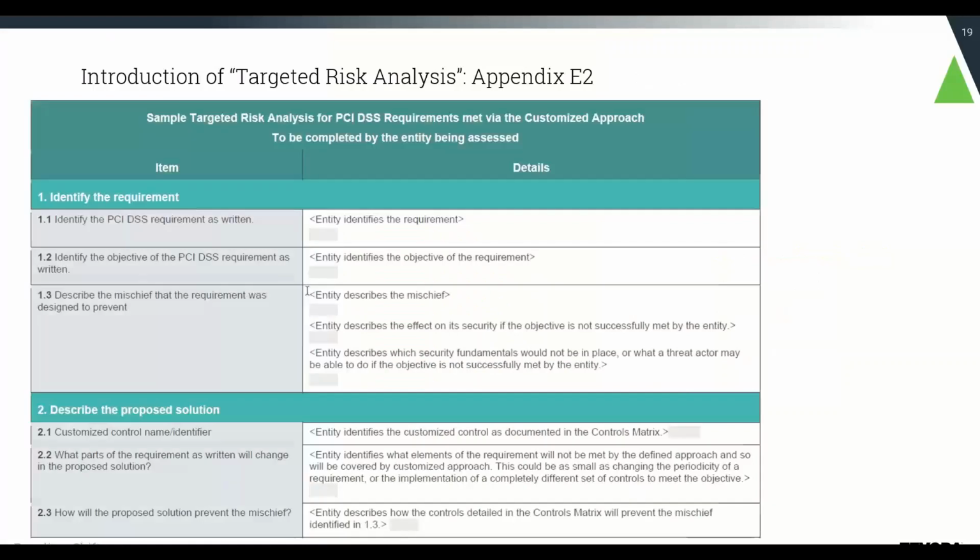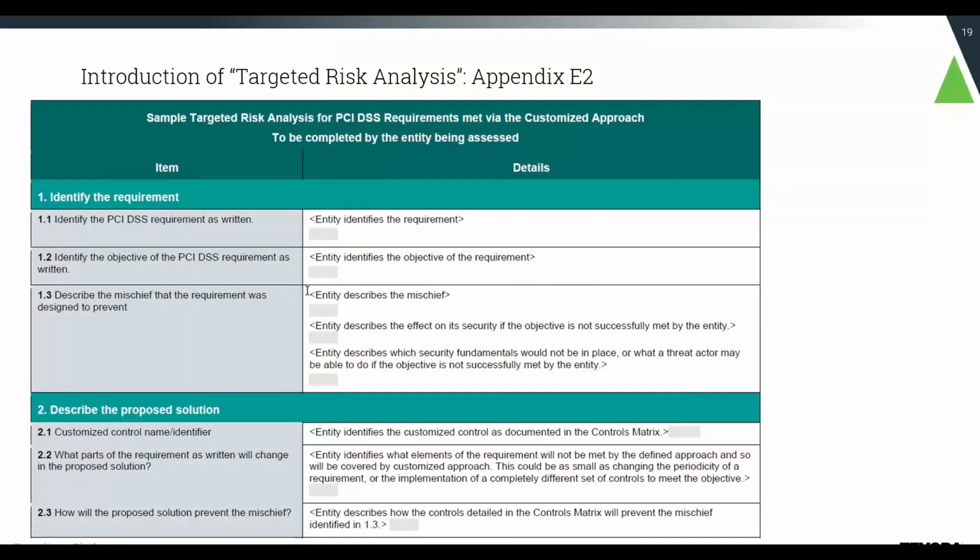So going over, just as we saw with the customized control matrix, there is an example template for the targeted risk analysis. For any of these templates that the DSS provides in the appendix, organizations are not required to use these templates, but we're required to have the information that was requested there.